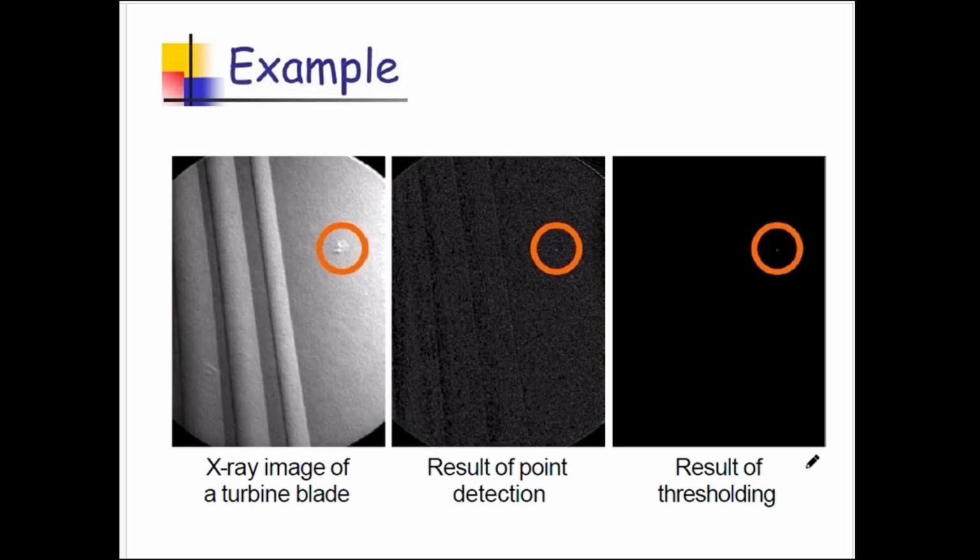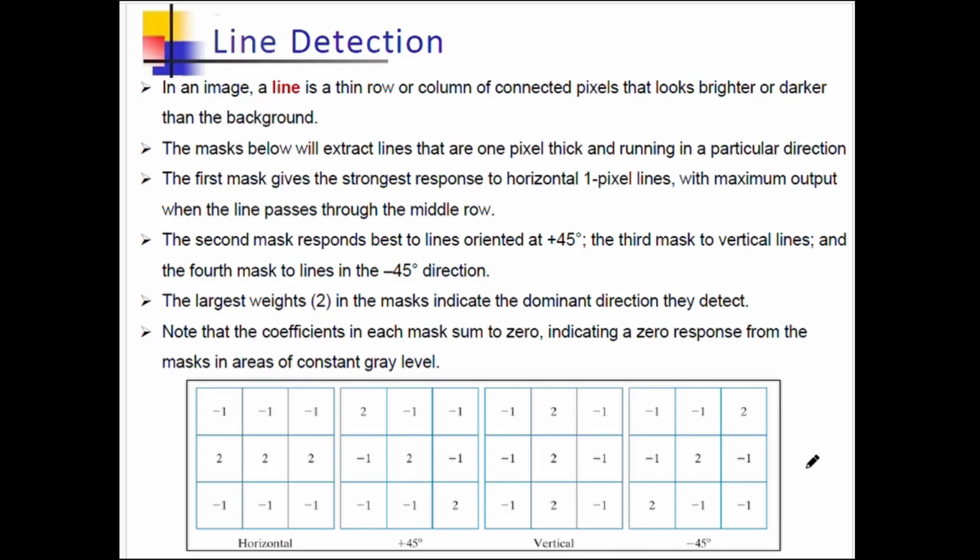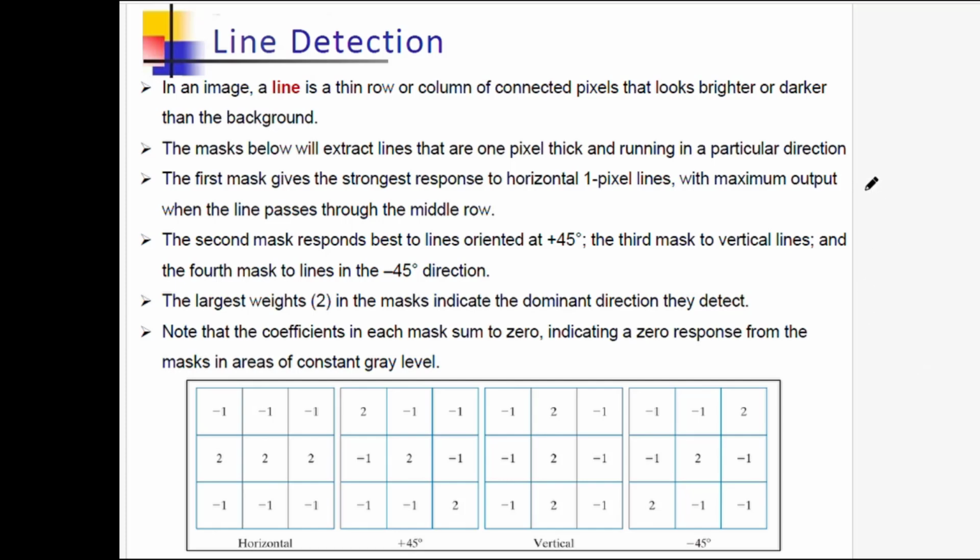Okay. Now coming to the line detection. What is a line? In an image, a line is a thin row or column of connected pixels that looks brighter or darker than the background. If you see, this is a region. Suppose I draw this line.